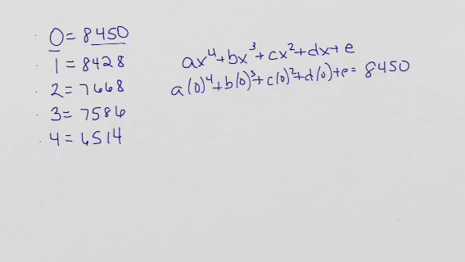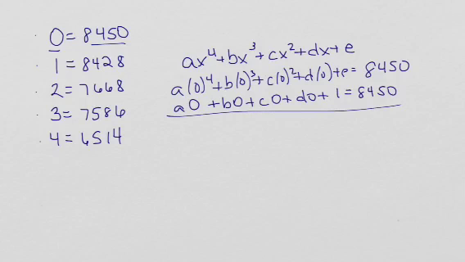It's one of my equations. I can simplify this, but that's just going to be a times 0 plus b times 0 plus c times 0 plus d times 0 plus e. Instead of e, we can write 1, equals 8450. Here's one possible equation.